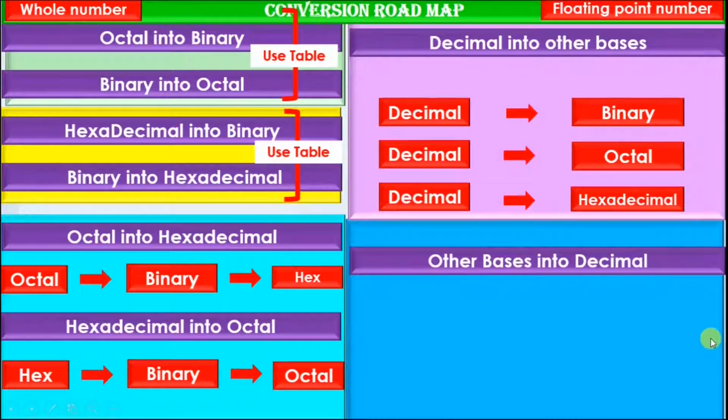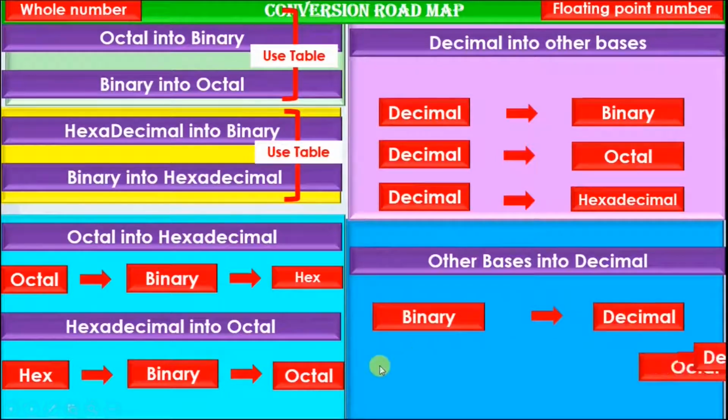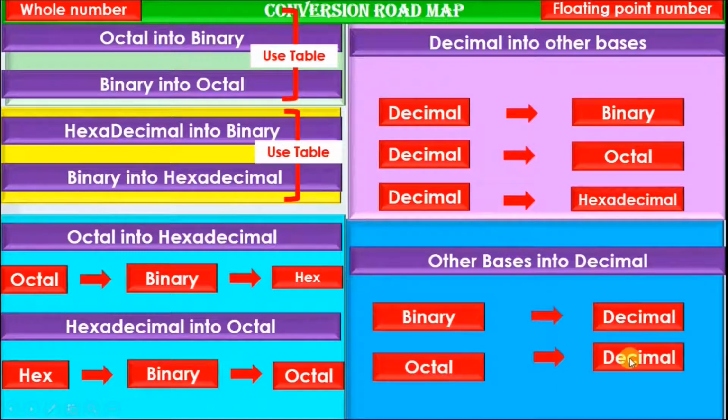So we will find out how to convert binary into decimal and then octal into decimal and then hexadecimal into decimal. So these are all of the conversions that we are going to cover, and it does not miss any conversion from one base to another.